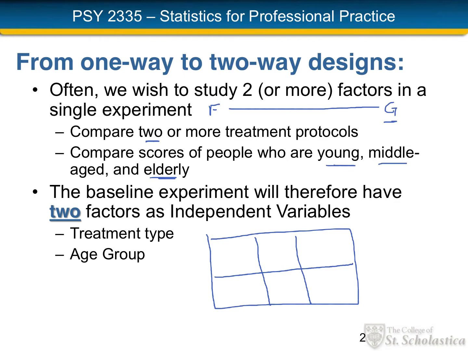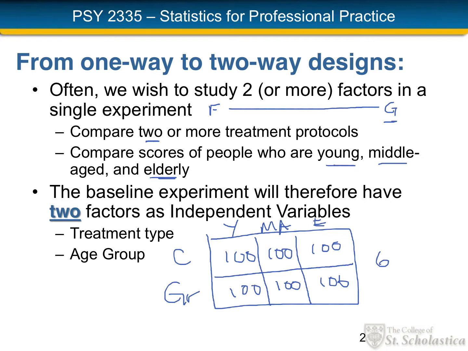So we would have the young school-age children, the middle-aged or middle adult, and the elderly people, and then we would be looking at whether they got the control group or the growth mindset group. And if we designed an experiment that had 100 people in each of these conditions, we would need a total of 600 people to carry out this study.